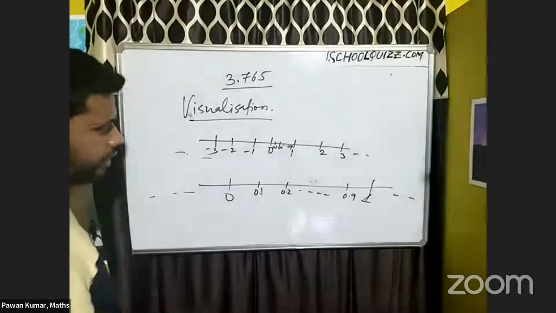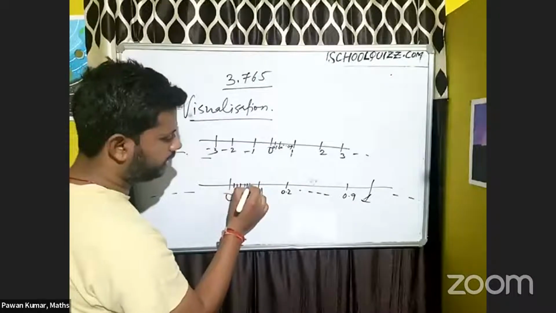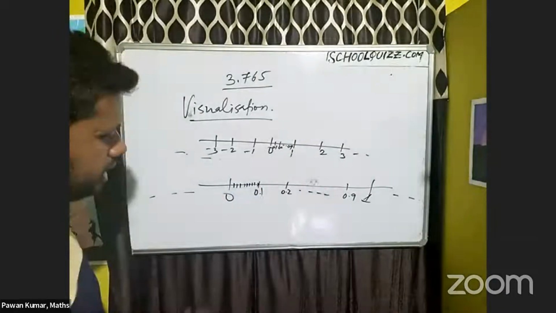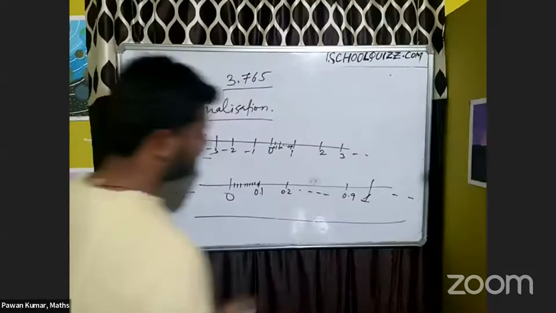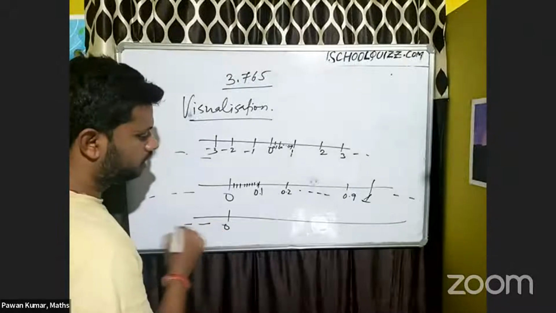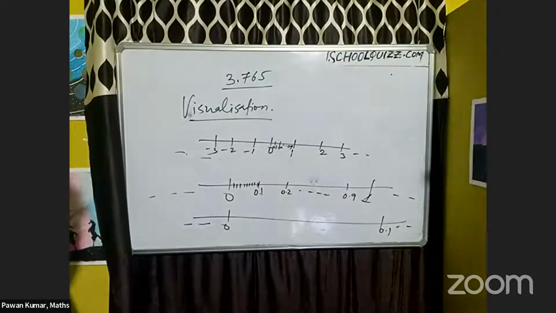So now between 0 and 0.1 I can still draw 10 lines. If I need to stretch further, I write 0 and 0.1 here.